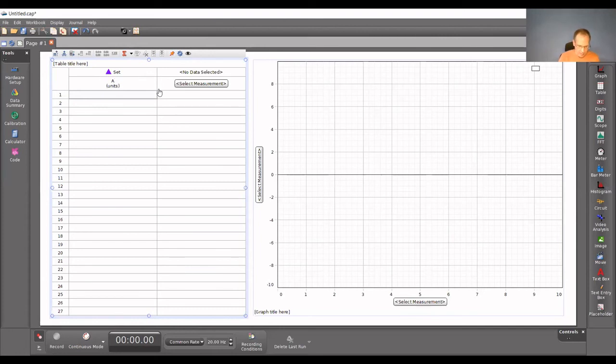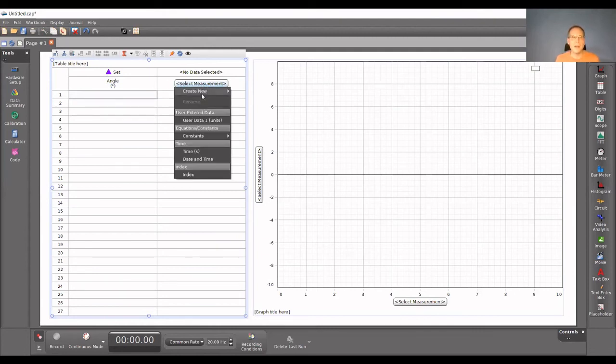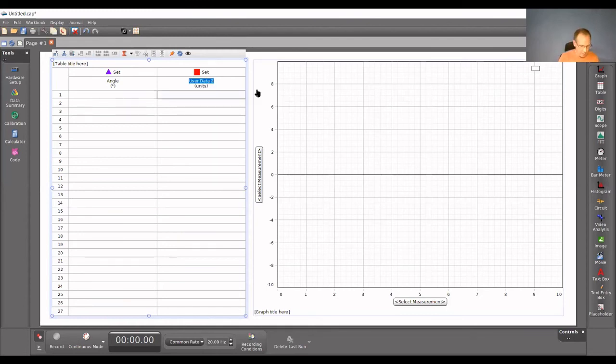So this will be angle. For the units, you can either write in degrees, or if you have a keyboard, if you hold the Alt key down and you press 2, 4, 8 on a numpad and lift up the Alt, you'll get a degree symbol, or you can just write in degrees. Either one is fine. And let's say this is my experimental tension. And in units would be newtons in this case.